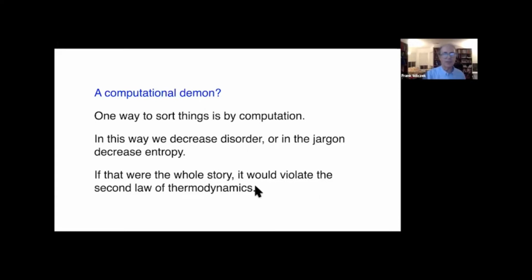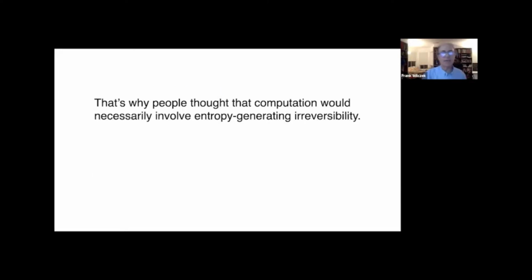So if that were the whole story, if there were no overhead for it, it would violate the second law of thermodynamics. And that's why people thought that it couldn't be the same story. Computation would necessarily involve entropy generating processes, or in other words, irreversibility.